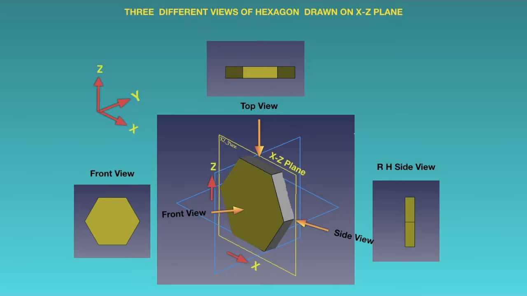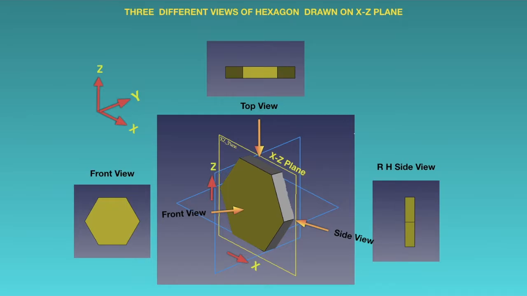So the plane consisting of x and z-axis is a vertical plane. Now if we draw the same hexagonal pad on this xz vertical plane, our views this time will be different.